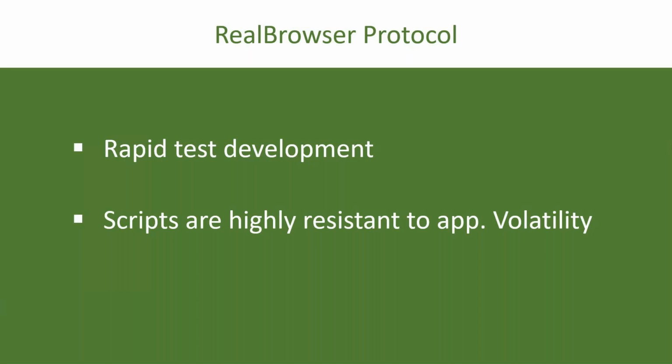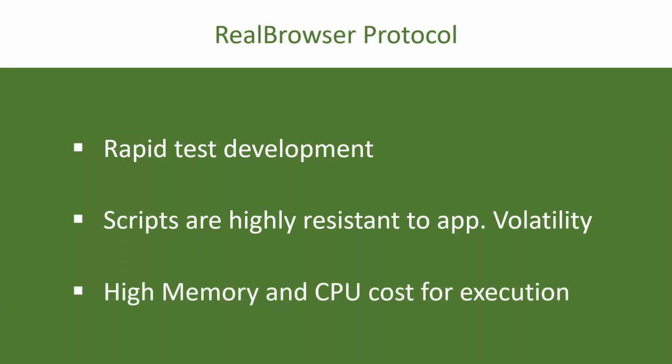Here, app volatility refers to any changes in the business logic which will affect the script, especially if it is done on HTTP protocol. One downside is that real browser will consume high memory and CPU.